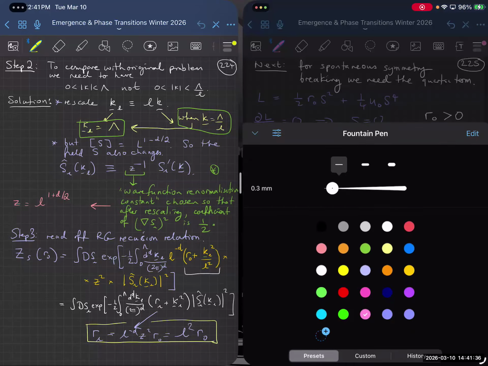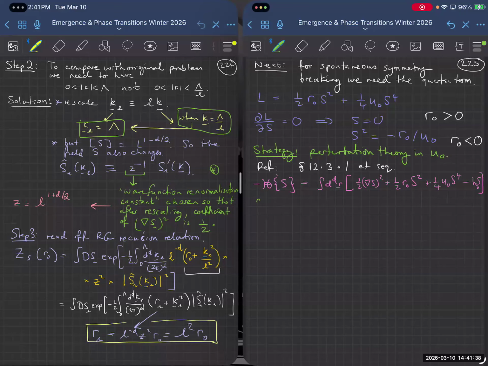We're going to have naught is less than K is less than lambda. And so therefore S of R has no Fourier components larger than K, than lambda.